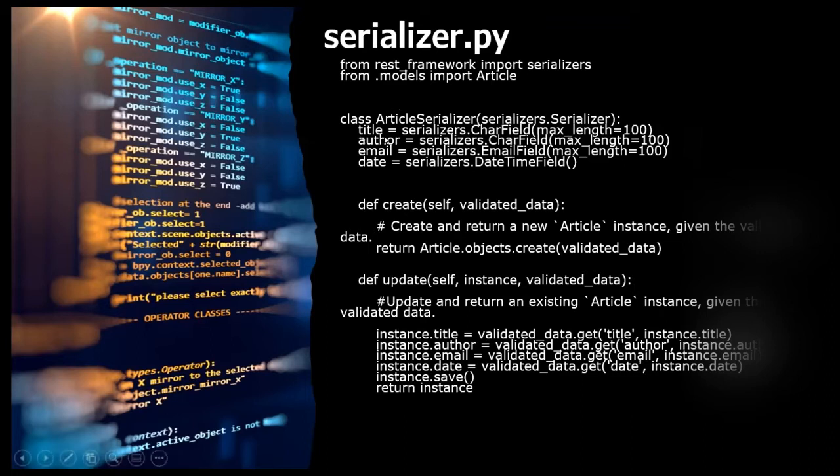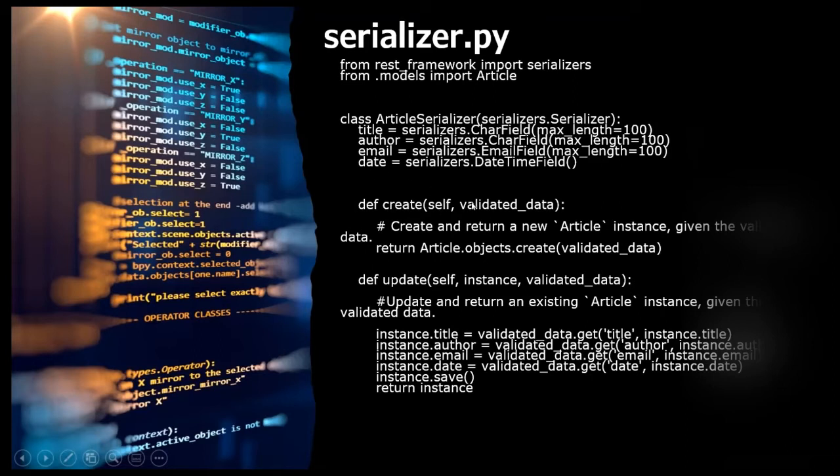Itong title, yung author, yung email, at date. Okay? So, the first part of the serializer defines the fields that get serialized, and the create and update. So these methods define how fully fledged instances are created or modified when calling the serializer.